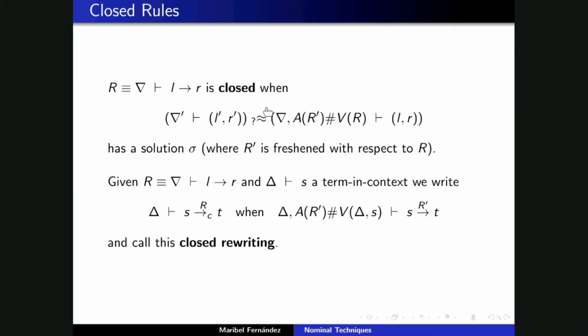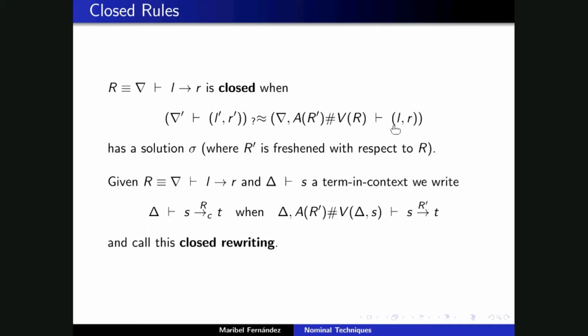So you just create a new copy of your rule and try to match it with the version you originally had, assuming all the names you created are fresh. If you manage to match that new version of the rule with all new names against the old one, it means your rule was closed.